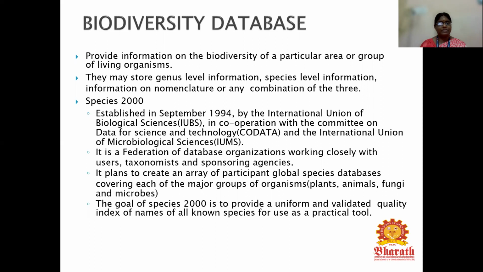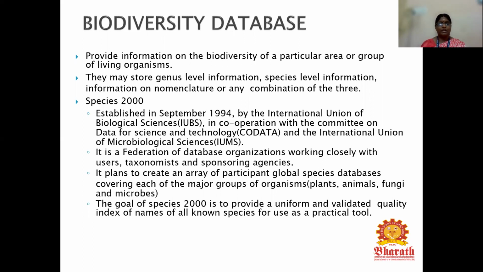This type of biodiversity database was established in September 1994 by the International Union of Biological Sciences, IUBS, in cooperation with the Committee on Data for Science and Technology, CODATA, and the International Union of Microbiological Sciences, IUMS.